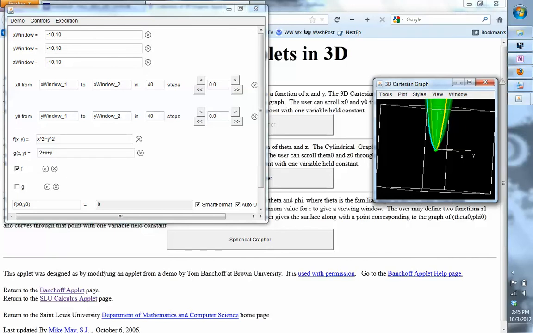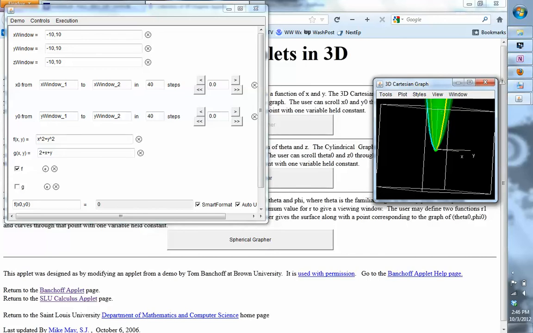How do you think you find those places where those minimums coincide? Algebraically, what do you think you have to do? Set what? Set the first partials equal to 0, and what you're going to get is two equations and two unknowns.